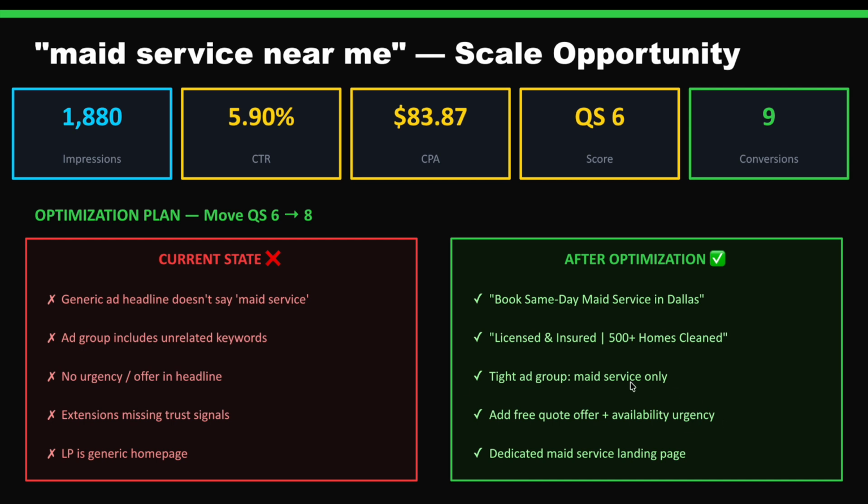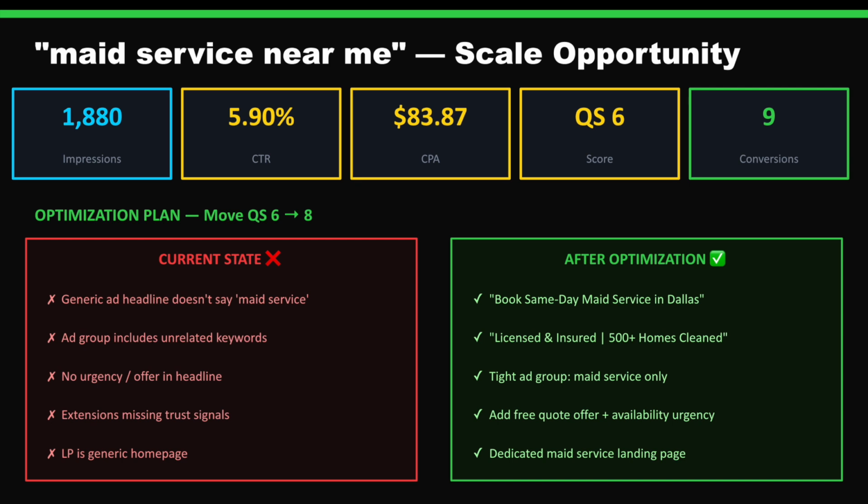Now look at the right side, after optimization. The headline says "Book Same Day Maid Service in Dallas." There is a trust signal, licensed and insured, 500-plus homes cleaned, and there is a specific offer. The ad group is kept tight with only maid service keywords, and the user lands on a dedicated maid service page.